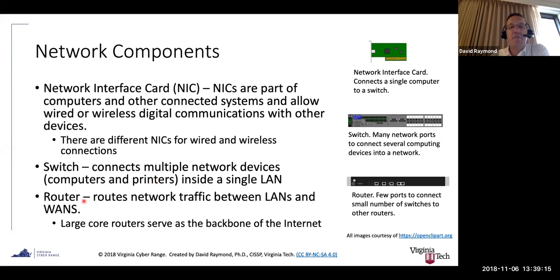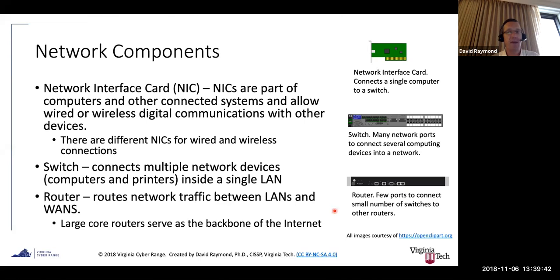And then a router routes network traffic between local area networks and wide area networks. So you have routers of varying sizes depending on the size of networks that they connect. And hopefully that makes sense. But if you imagine a router that's routing traffic between 2 office buildings, maybe each office building has 1,000 people, then that router is going to be of a certain size and bandwidth throughput.